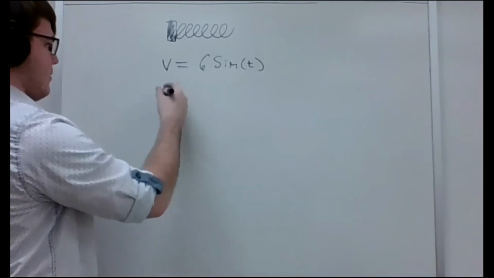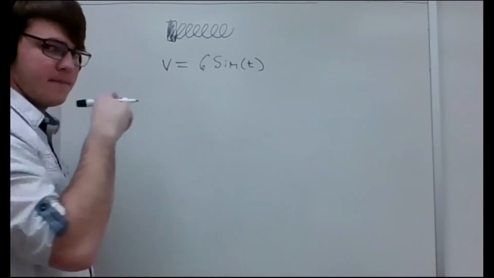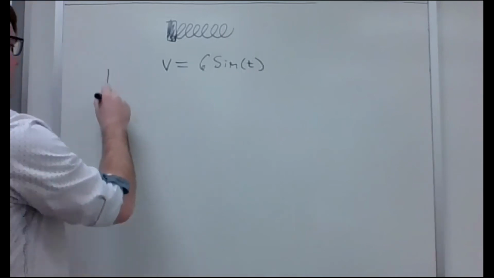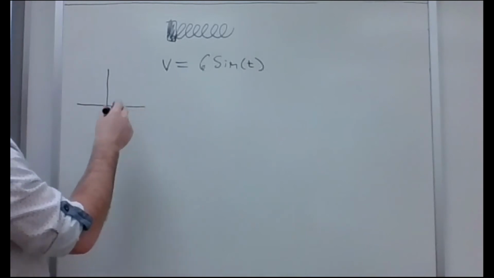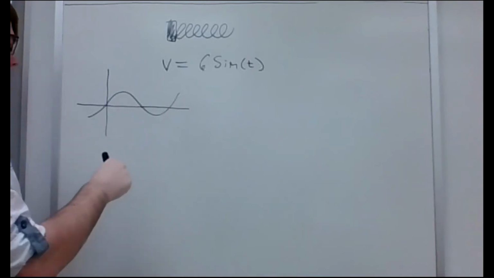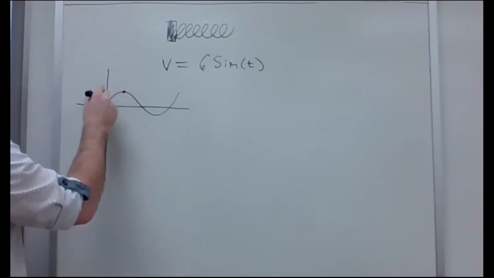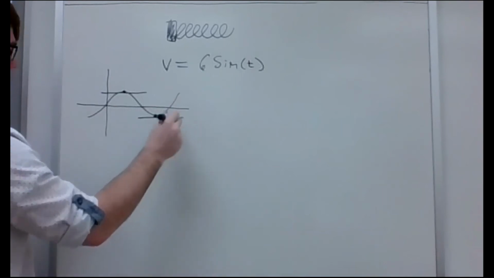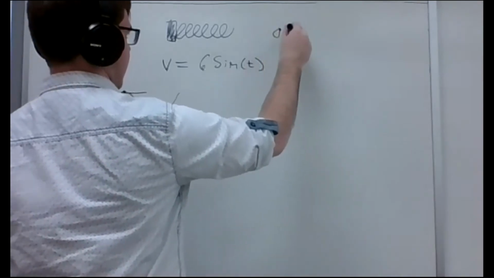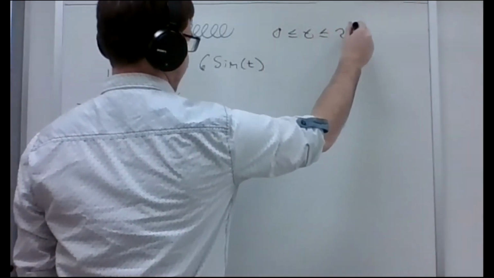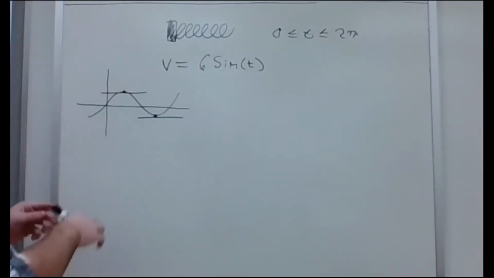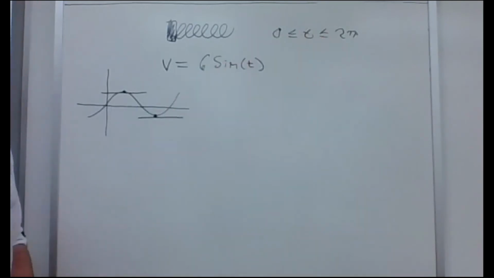Since the derivative tells us our slope, if we think about a sine function like this, and let's say that time runs from 0 to 2 pi. It's kind of a weird way to keep track of time, because if not, then this technically goes on to infinity, right?